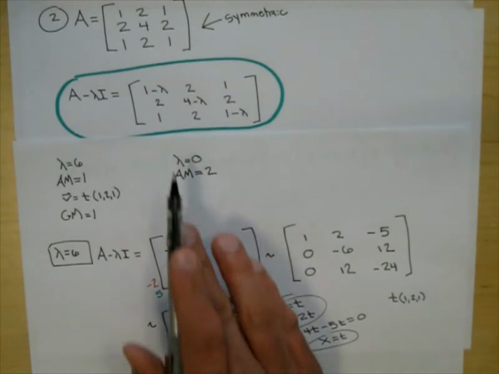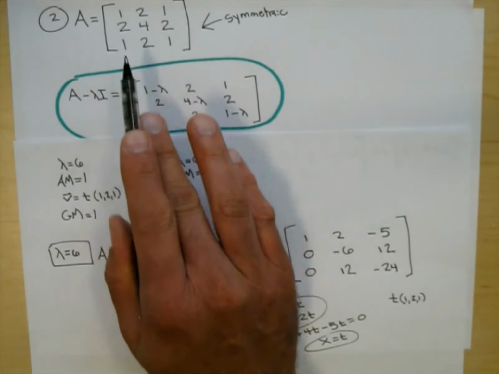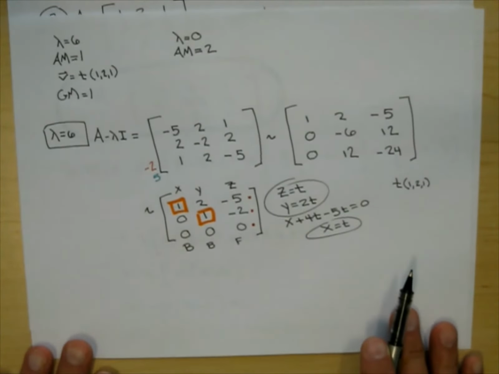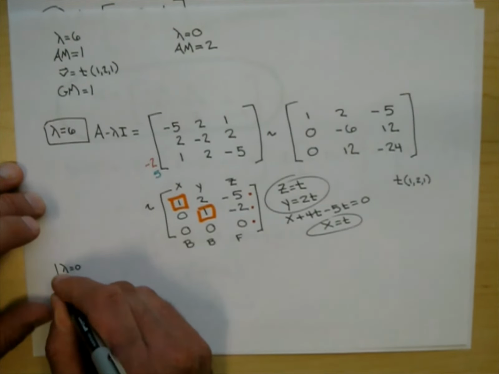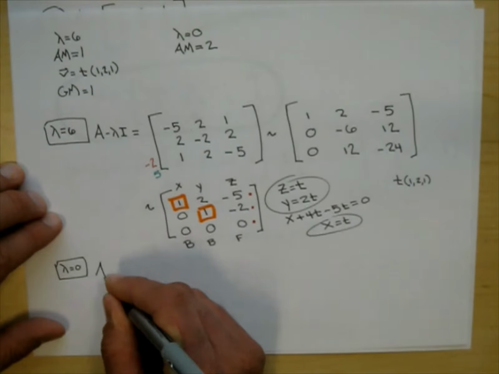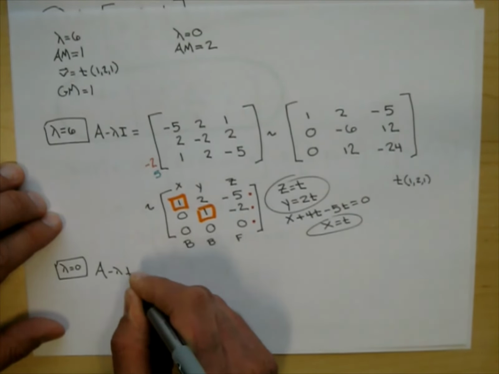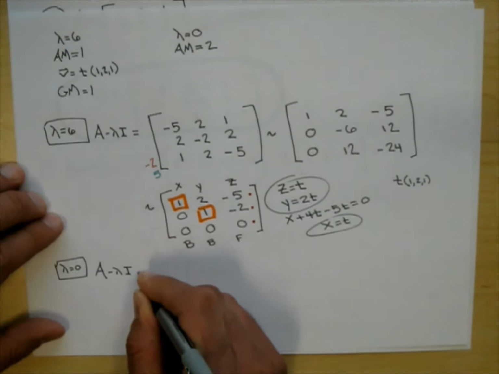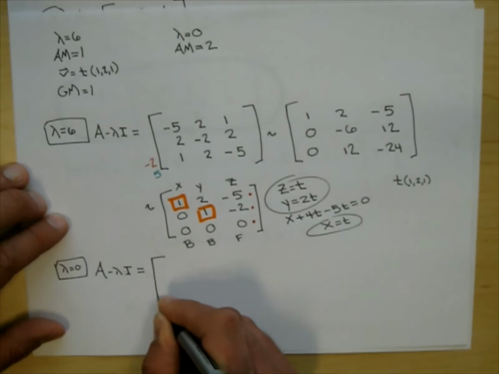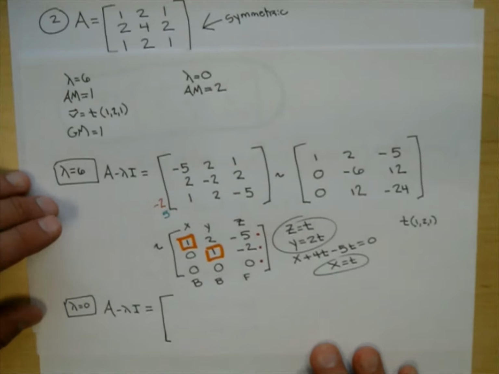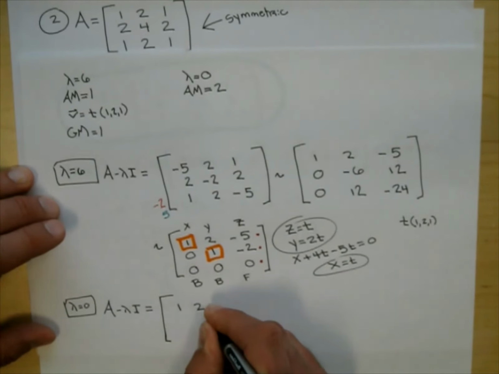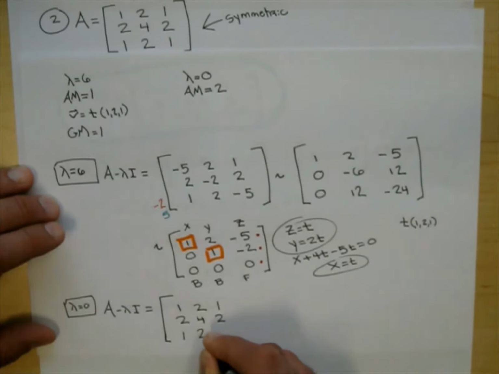I put lambda equals 0 in here, and I just get matrix A. So A minus lambda I is just matrix A. By the way, matrix A is 1, 2, 1, 2, 4, 2, 1, 2, 1.